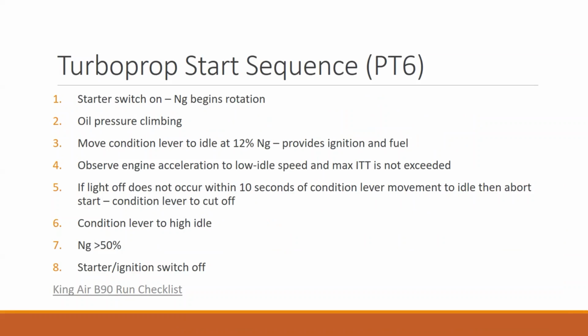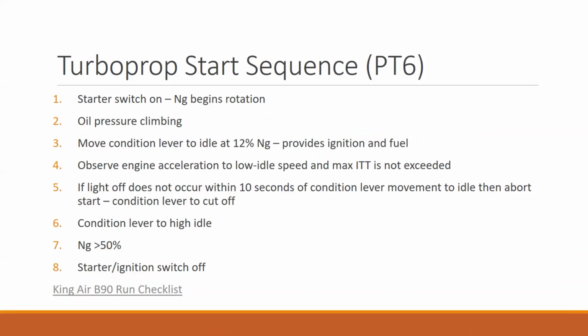They run on alternating current using an inverter, and you will destroy the inverter if you're trying to run it while you have these big electrical loads going to the starters. And so you may not have oil pressure. In fact, starting our King Air, you don't have an oil pressure reading.